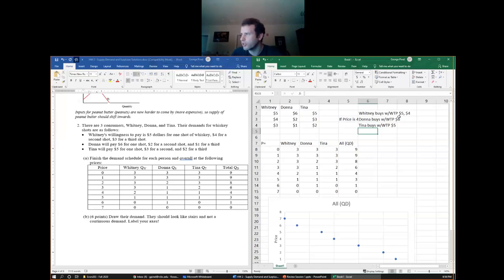Okay, so there's 4 goods consumed in total, each with different willingness to pay. Consumer surplus for the individual is equal to willingness to pay minus your price paid, or P star. So that'll be 5 minus 4 plus 4 minus 4 for Whitney, because she buys 2 of them. So one she's willing to pay for 5, second one she's willing to pay for 4.